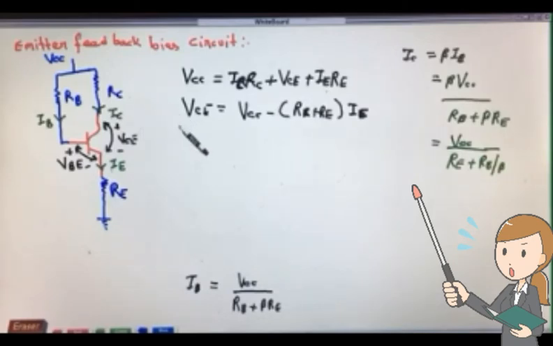Here RB upon beta will be constant. Now the output is fed back in the form of current IB, so this is also known as current feedback biasing circuit.